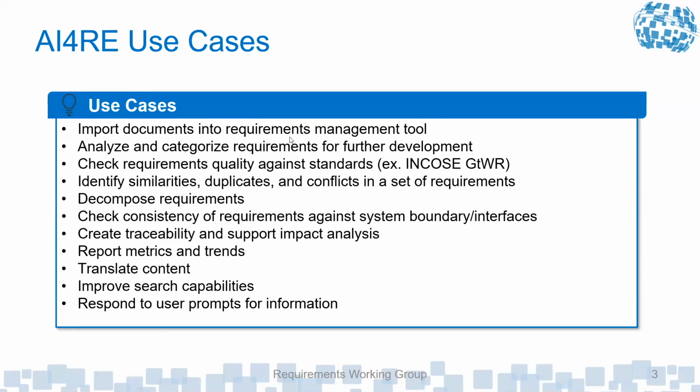One thing we've noticed is that the function the tool performs may be very quick, such as importing documents into your requirements management tool. But let's say you're importing 100 standards.